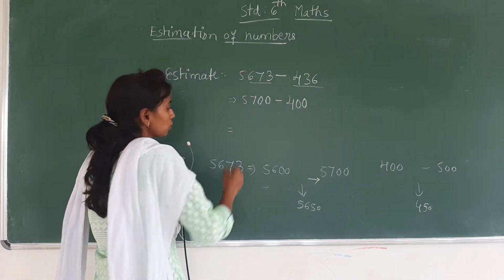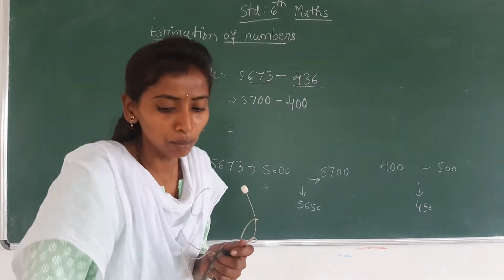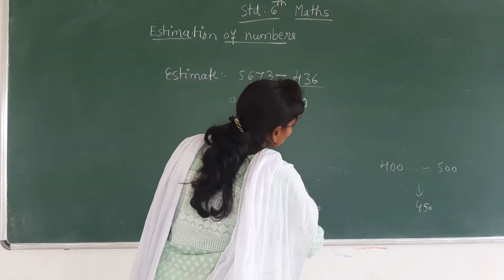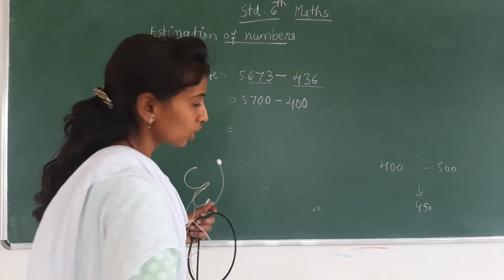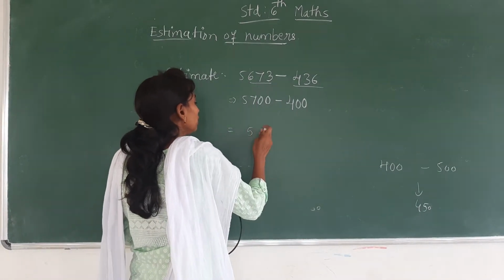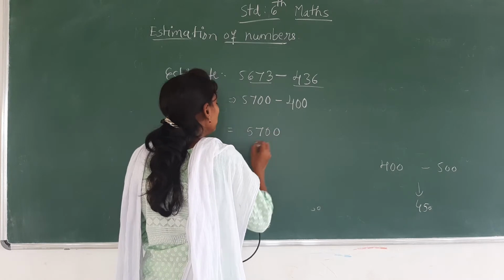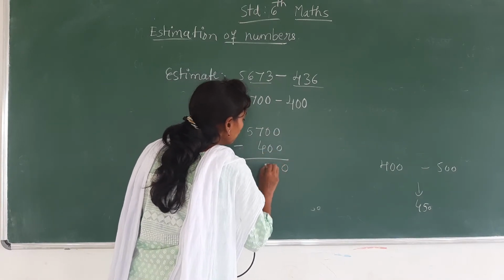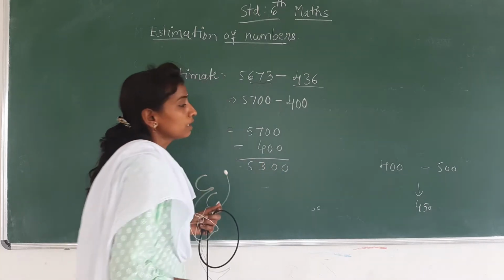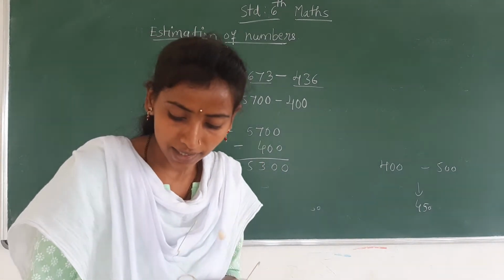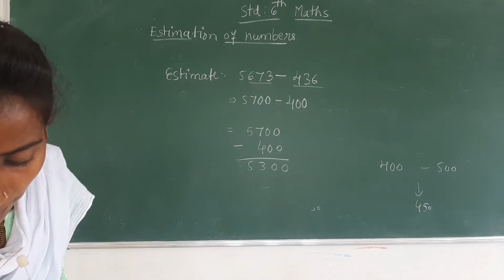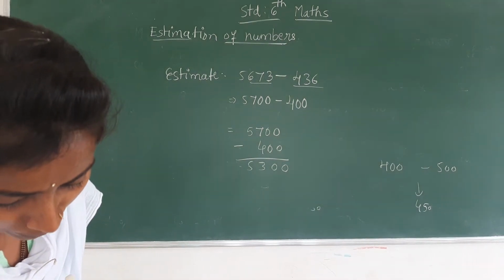Now we are going to subtract these numbers. That is 5700 minus 400, which is equal to 5300. That is our answer. Like this, we estimate the sum and differences of numbers.